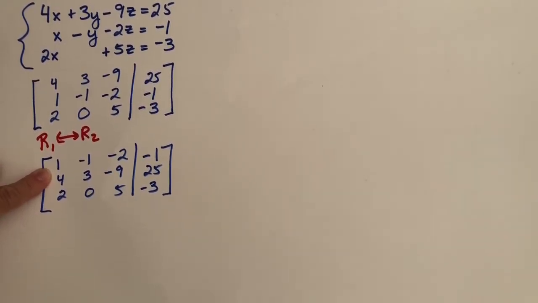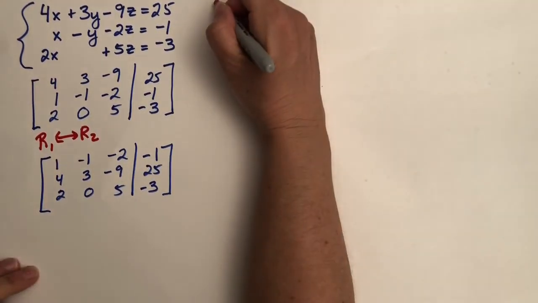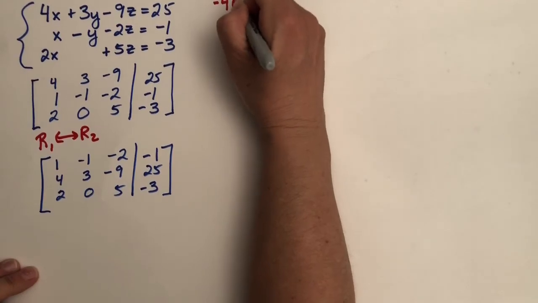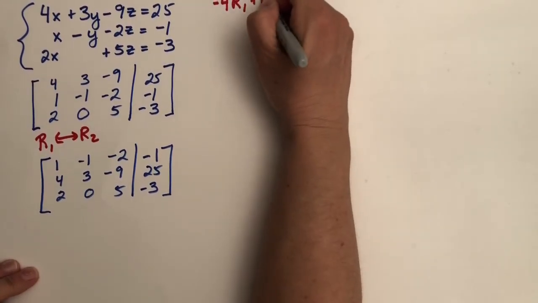Remember, next, we want to get zeros beneath. And remember, we can take care of both of those terms at the same time. So I'm going to multiply row 1 by -4 and add it to row 2. Write that down. -4 times row 1 plus row 2.